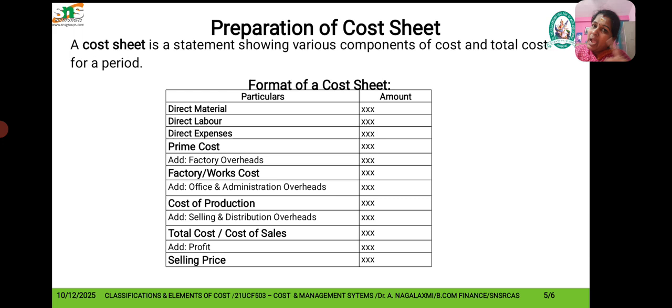To that, if we add profit, we get the selling price. Or else we can say selling price or sales amount is given, and sales minus cost of sales we get. If the answer is plus, it is profit. If the answer is minus, it is loss in the production of a particular product.